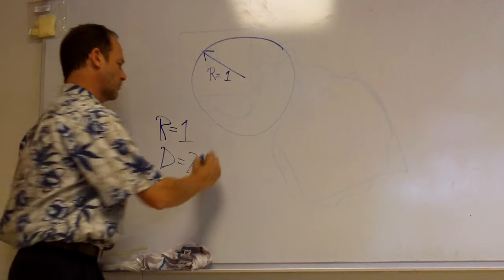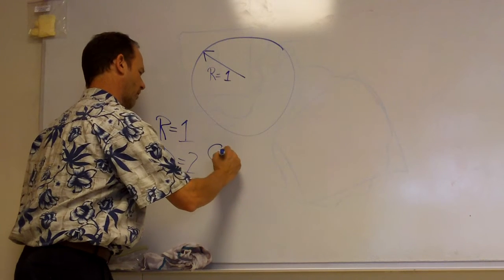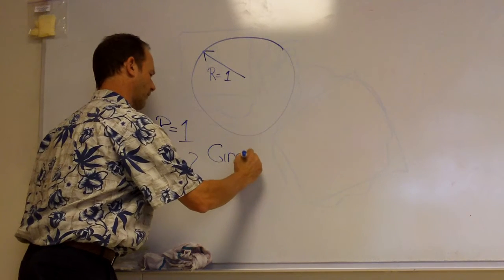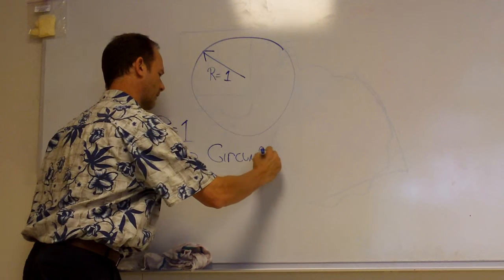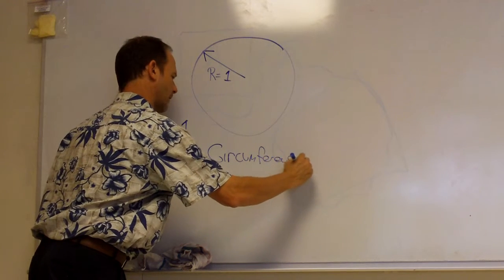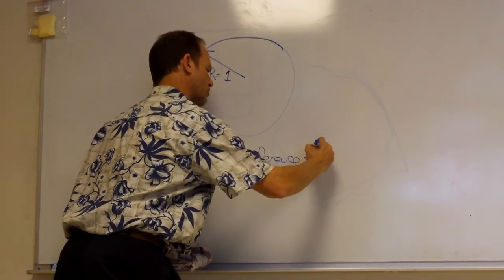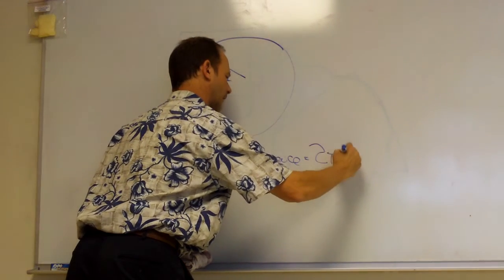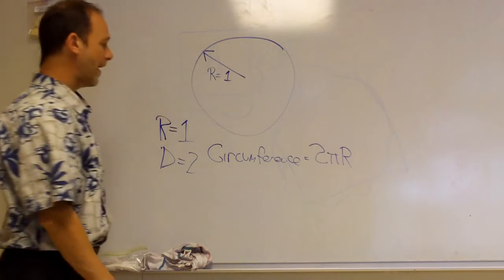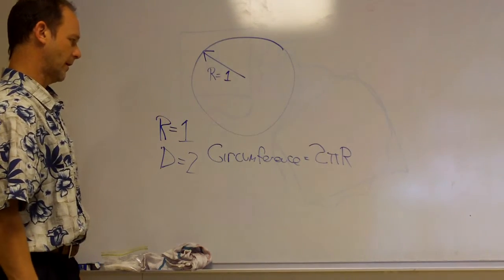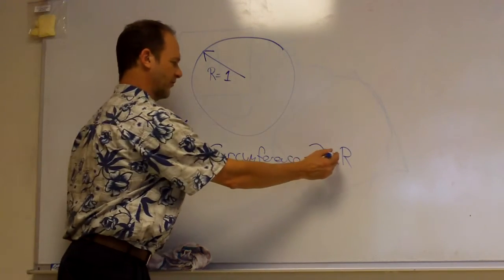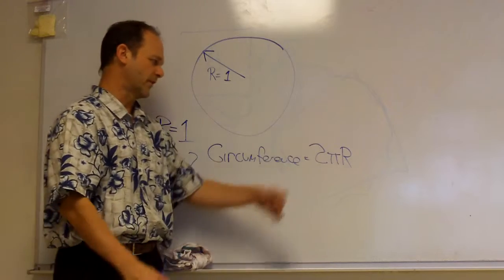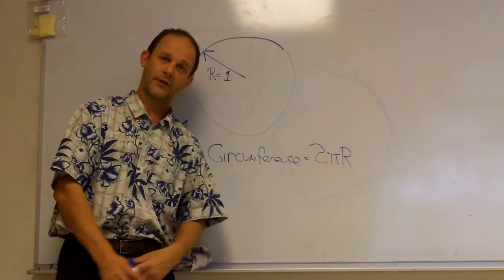But then if you go to circumference, the circumference equals 2 pi r. Now, the reality is that comes from the definition of pi. So learning this as the equation is probably not the thing to do.